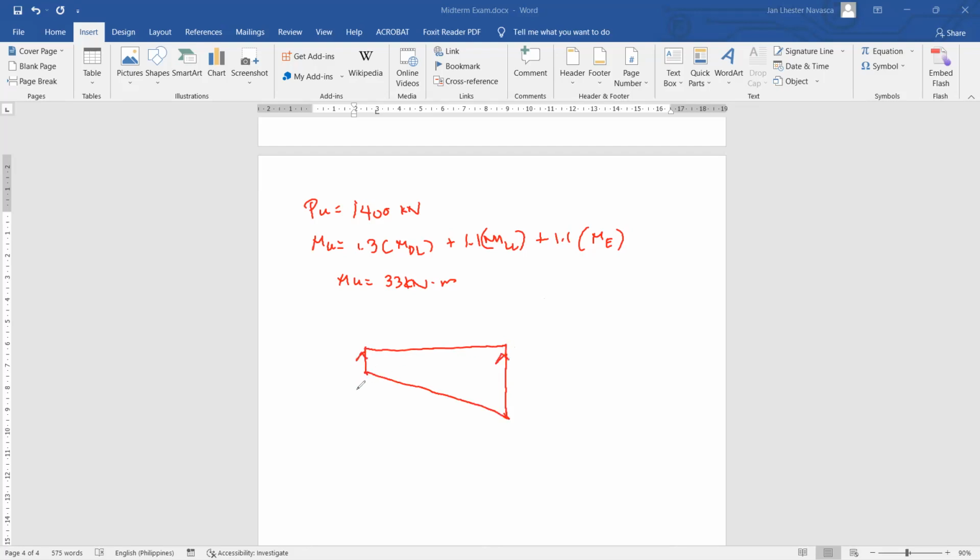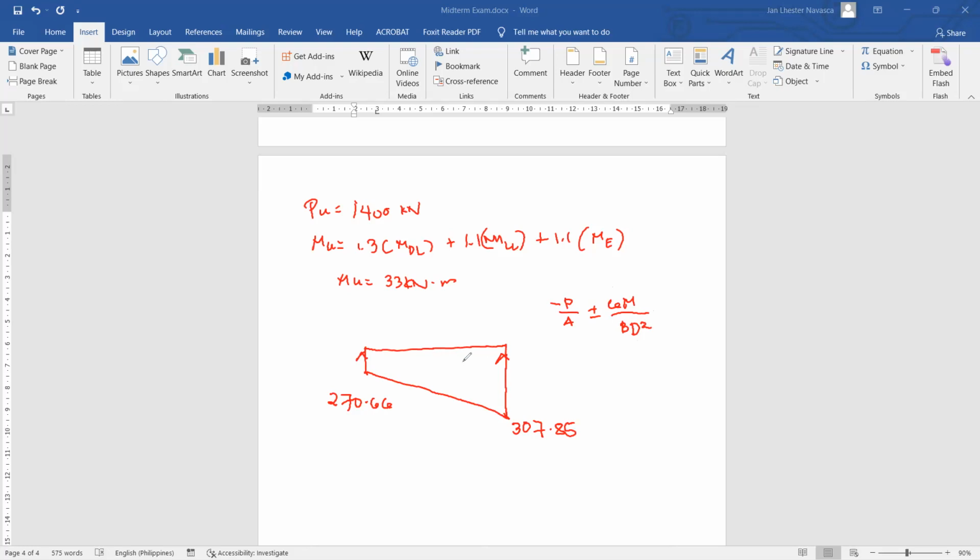This value is 270.66 and this value is 307.85. That comes from negative P over A plus and minus the 6M over BD squared, or since square to, L times L squared, that is L cubed. So yan yung value.